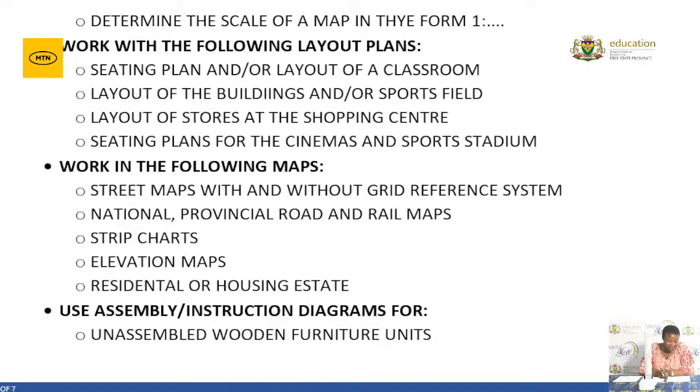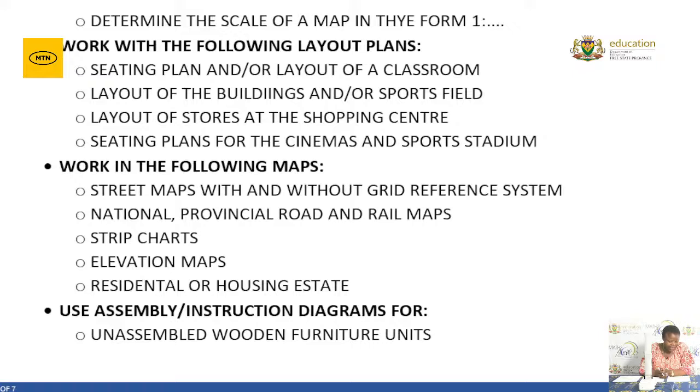We have different maps in the world, which include the street map with or without grid references, the national map, the provincial road and the railway maps. We also have strip charts, elevation maps, residential or housing estate maps.